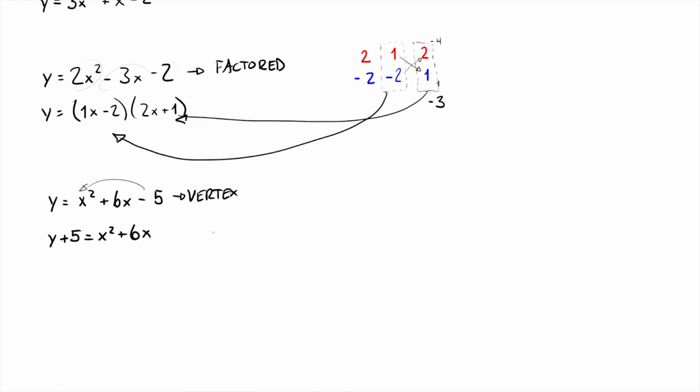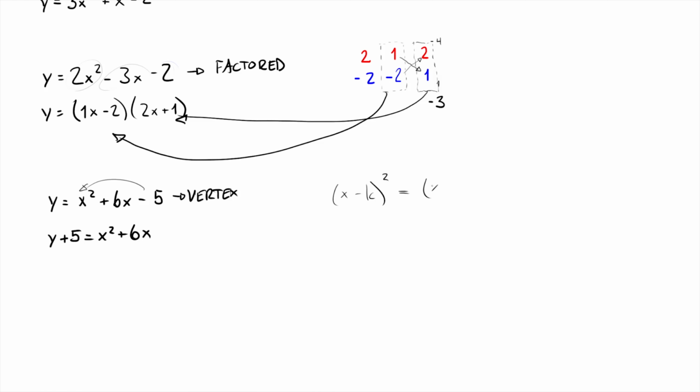Now what we have to do is what's called completing the square. Basically, remember, in vertex form there is a little piece that looks something like x minus some variable k, squared.